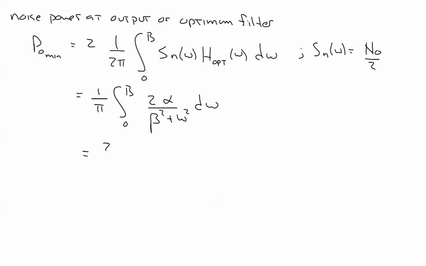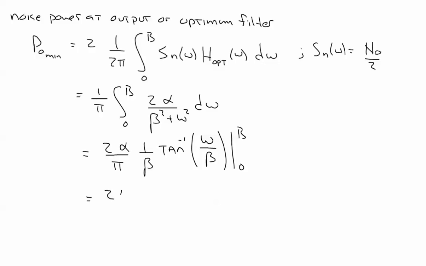and this becomes 2 alpha over pi, 1 over beta, arctangent of omega over beta, evaluated from 0 to b. And this is 2 alpha over pi, 1 over beta, arctangent of b over beta.